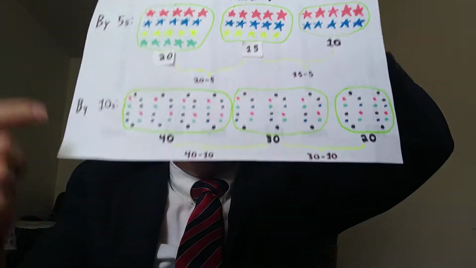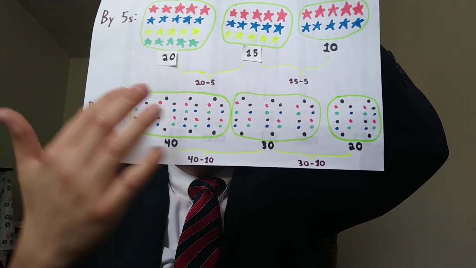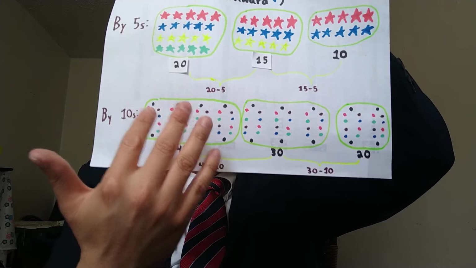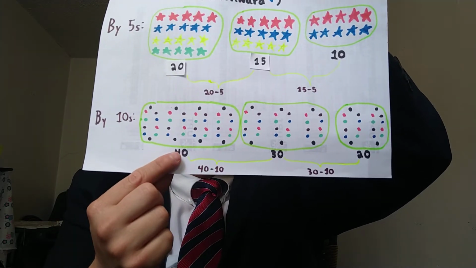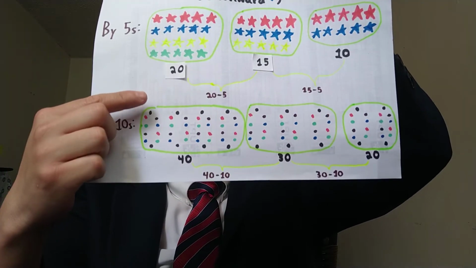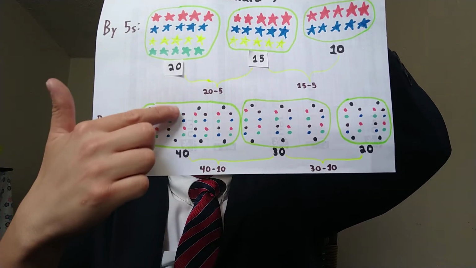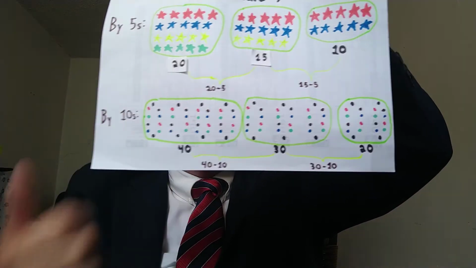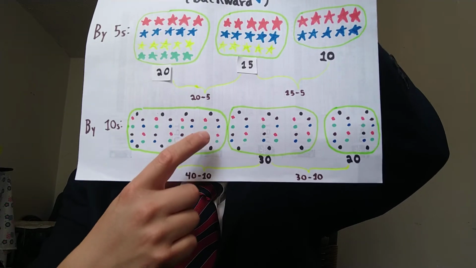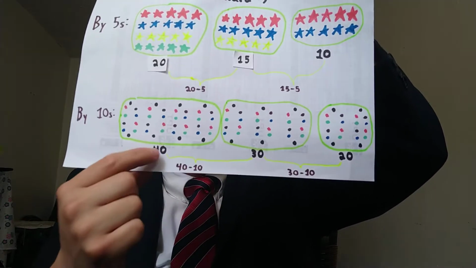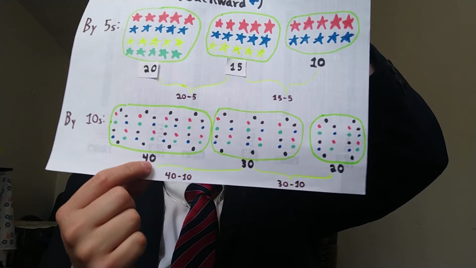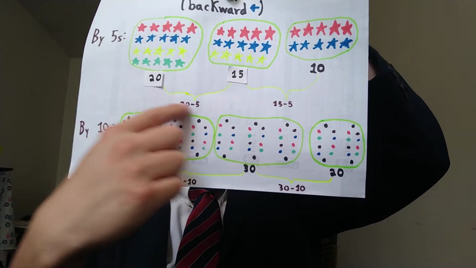Let's check. As you can see here, we have four different groups of points that together become 40. How do I know it? Because I have 10, 20, 30, 40. So sorry, 40 balls. So that's why I have 40 right here in this whole group.